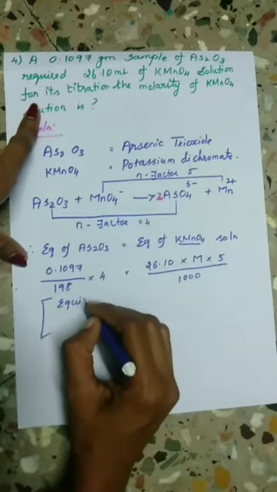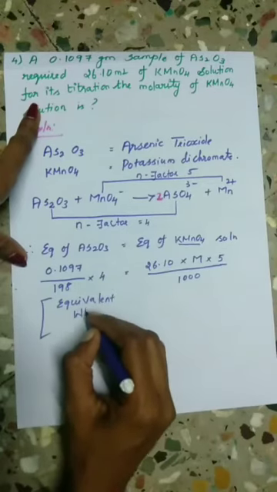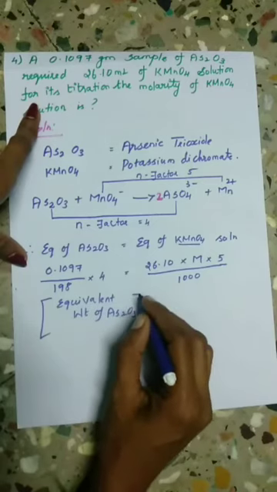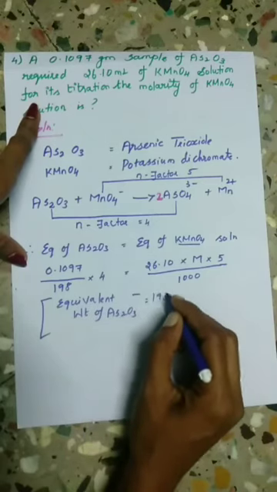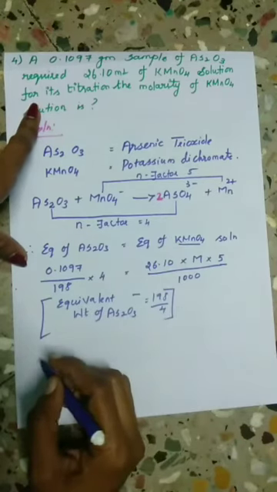That is the equivalent weight of arsenic trioxide, 198 divided by 4.